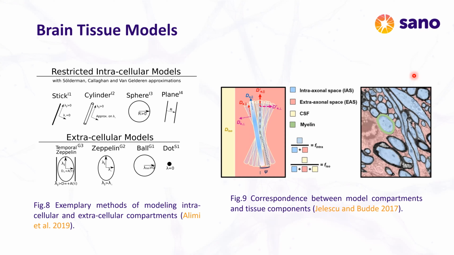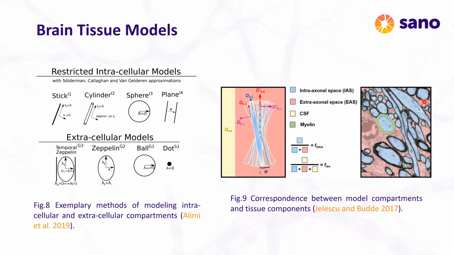And the extracellular space is most often modeled as an anisotropic Gaussian diffusion, also called a Zeppelin, or a time-dependent Zeppelin, which also takes into account the fact that diffusion is constrained by the outer boundaries of the axons. And this figure shows the correspondence between the model compartments and real tissue components.